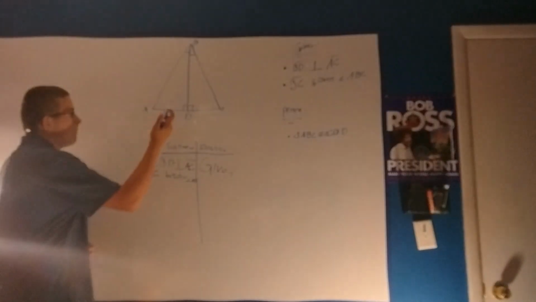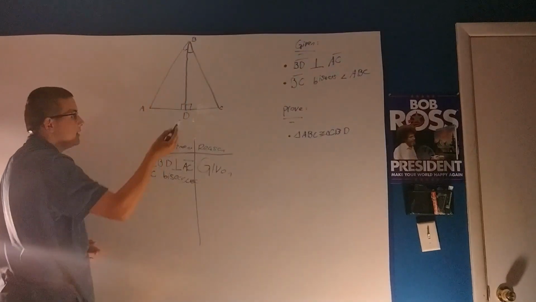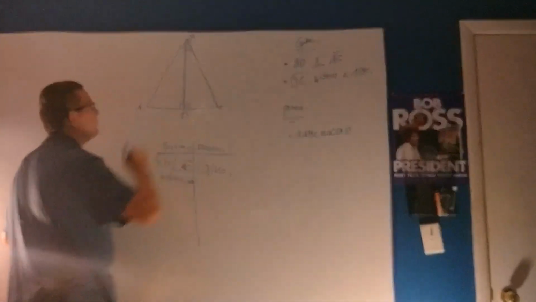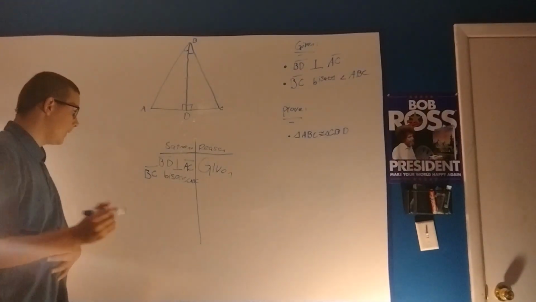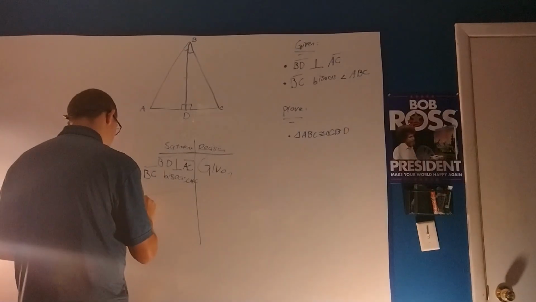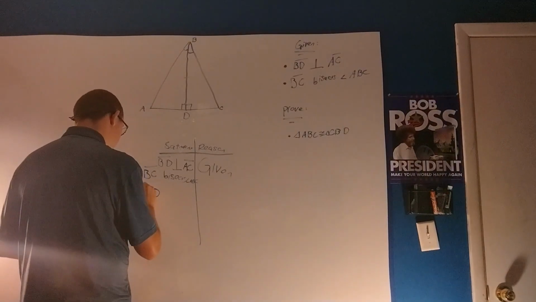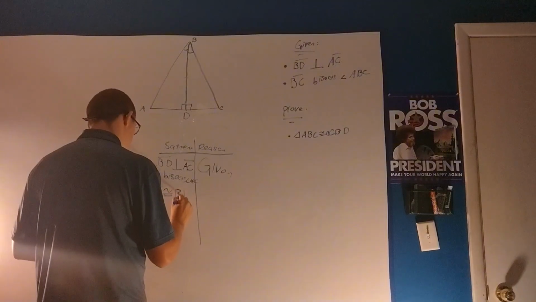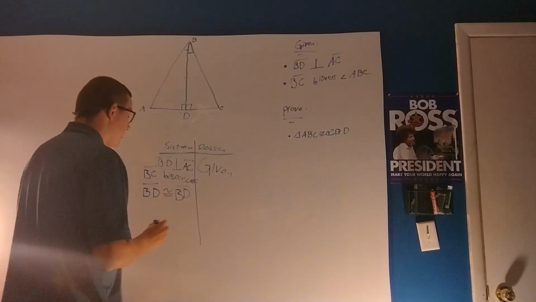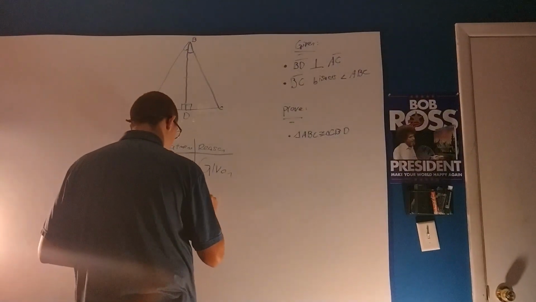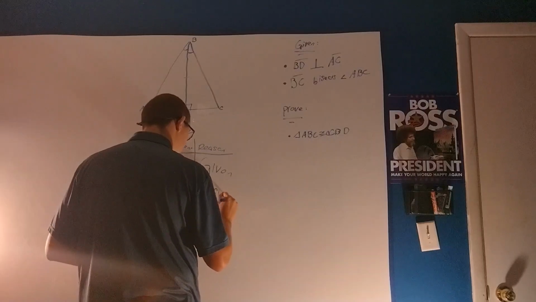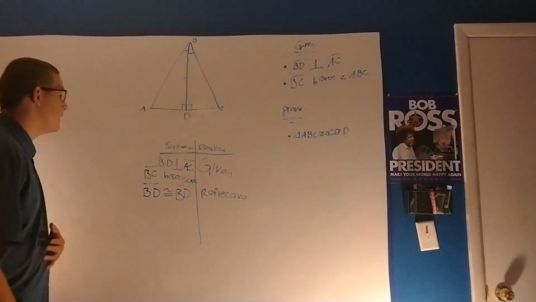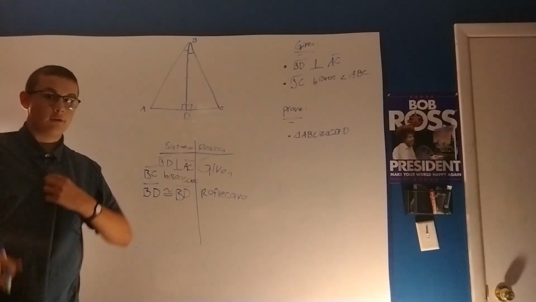It's kind of like that, where it says that BD is congruent to BD, so I know that these are going to be congruent to each other, and I can write down BD is congruent to BD because of the reflexive property.